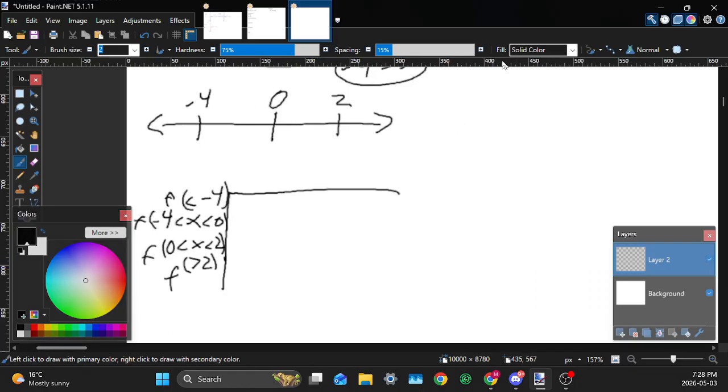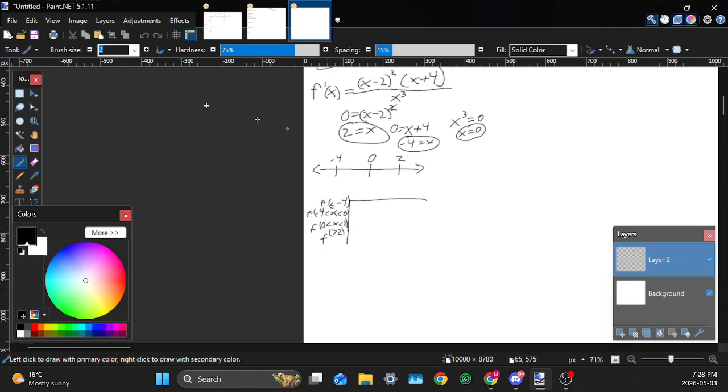And then as for testing, (x minus 2) squared, (x plus 4), and x to the 3.